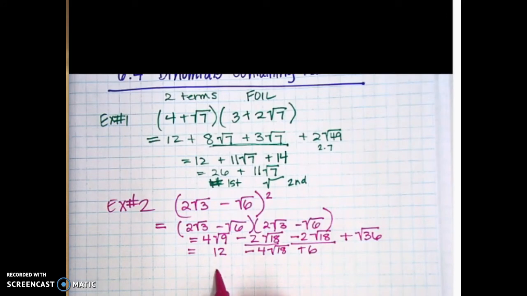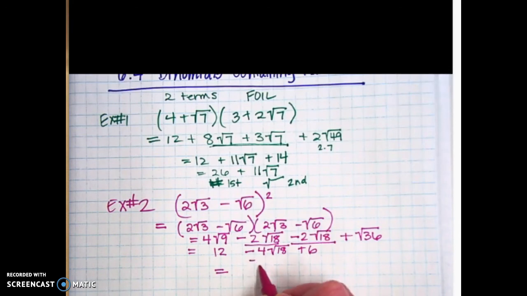All right. So let's simplify even more. Now, we combined these negative 4 square roots of 18, but can we simplify the square root of 18 any? Does it have a perfect square factor? Yes. What's the perfect square factor of 18? 9, right?